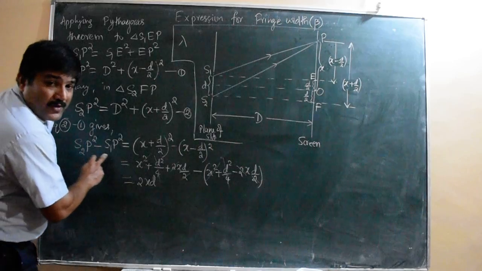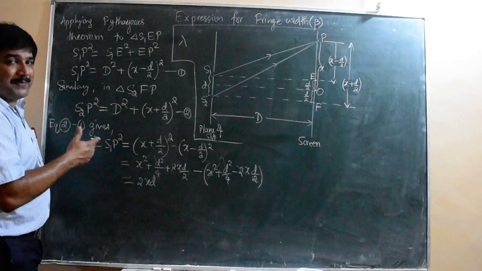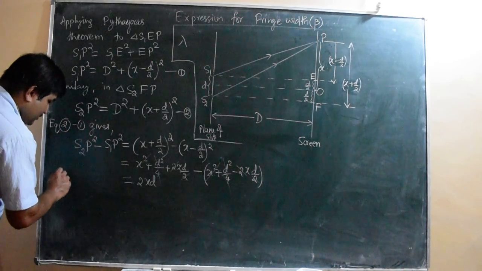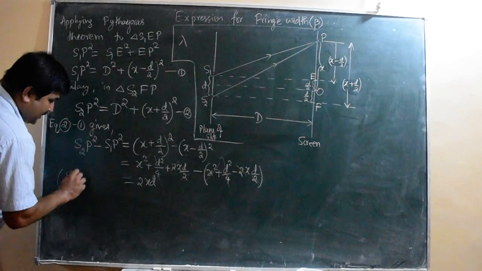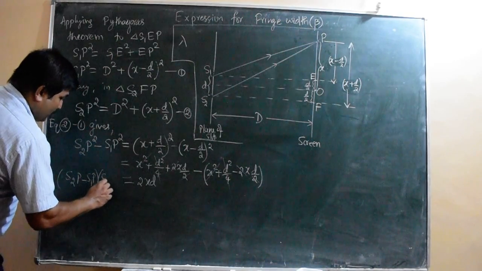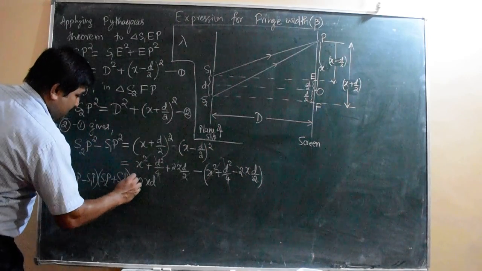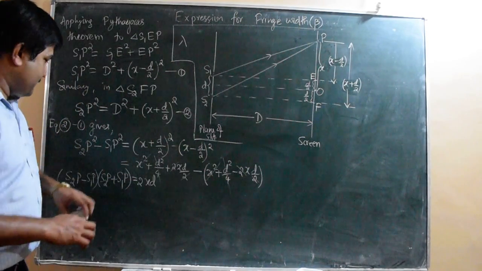So this is a square minus b square form. LHS also. That is, a square minus b square is (a plus b) into (a minus b). So I use the factorization: (S2P minus S1P) into (S2P plus S1P) is equal to 2xd.